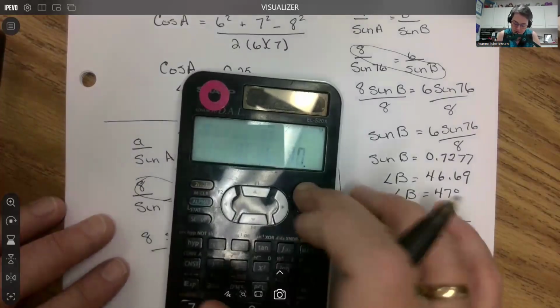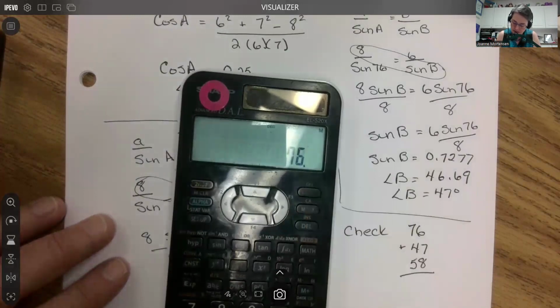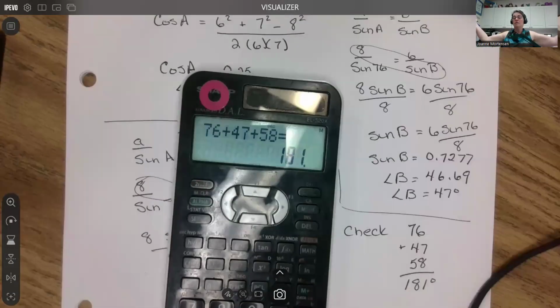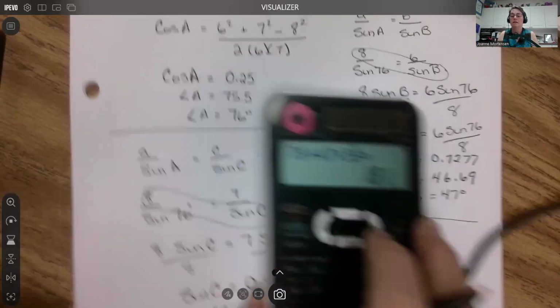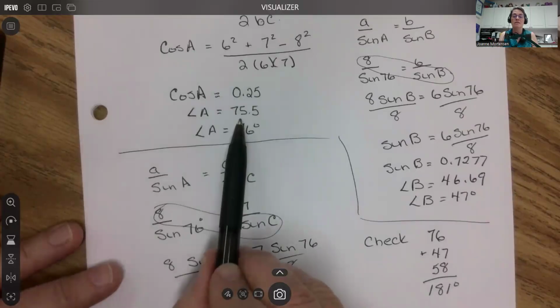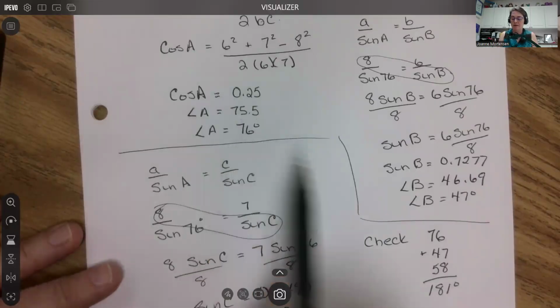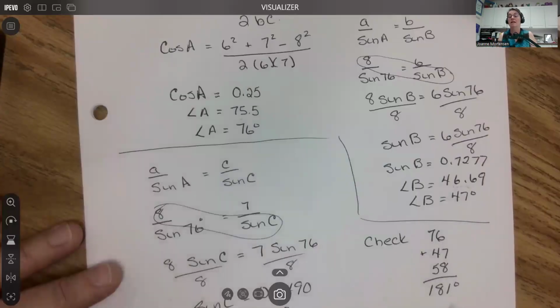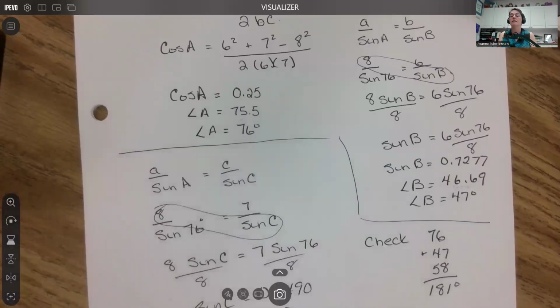Whoops, try that again. 76 plus 47 plus 58. 181 degrees. Oh no, we screwed up. No, we didn't. If we take a quick look, this was 75.5 and we rounded up. And this was 46.6 and we rounded up. So yeah, I actually was expecting it to be slightly over. So I think my work is good.